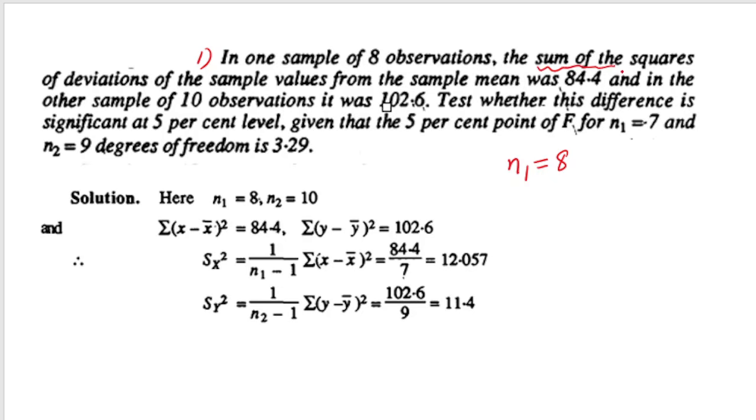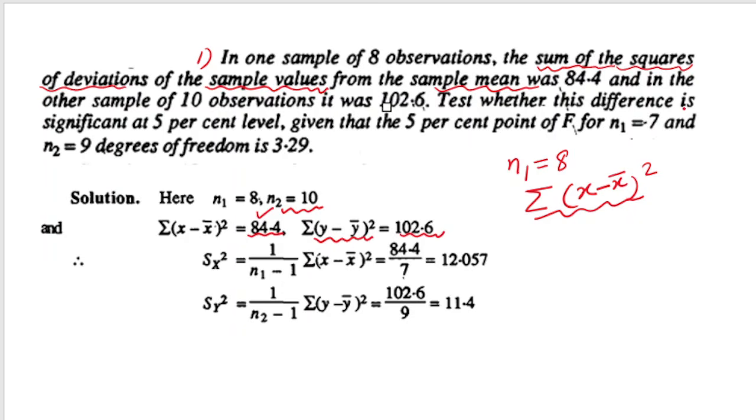Sum of the squares of deviation of the sample values from the sample mean means summation of x minus x bar square, where x are the sample values and the deviation is from the mean of the sample. So summation of x minus x bar square is given to be 84.4, and in another sample of 10 observations, so n2 is 10, it was 102.6. So summation of y minus y bar square is 102.6.